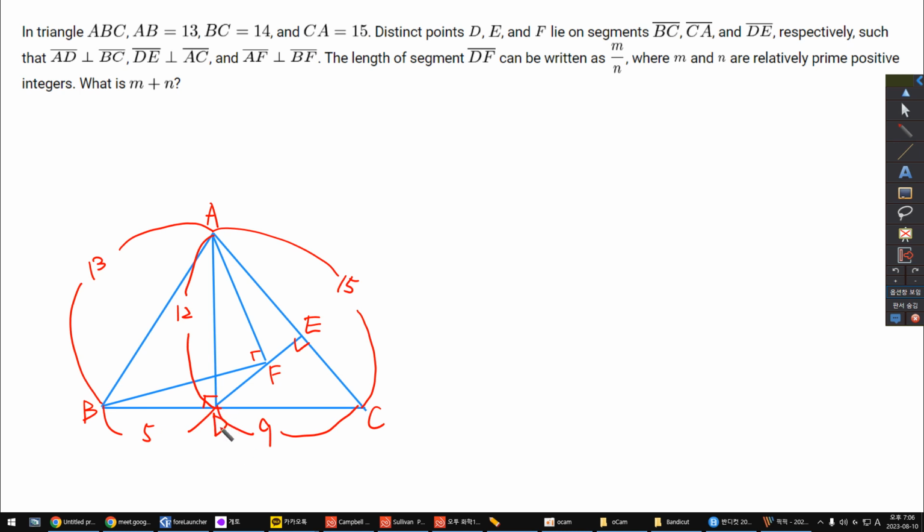If D is at the origin, the slope of AC is minus 4 over 3, and because DE is perpendicular to AC, DE's slope is 3 over 4, so we can make the equation of the line for DE, like this.